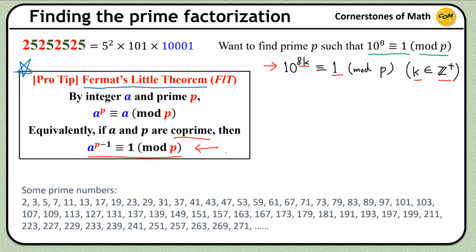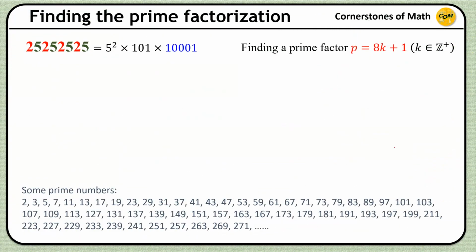By comparison, we can gain following intuition. Maybe there is a possible case when p minus 1 is equal to 8k, the multiple of 8. That is, p is equal to 8k plus 1. So our task is now limited to finding a prime factor of the form 8k plus 1.